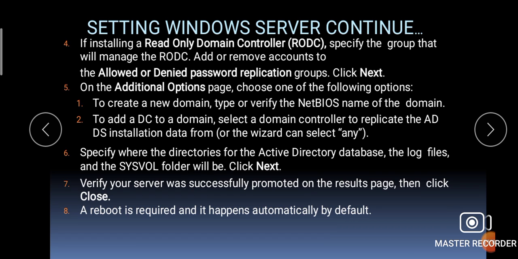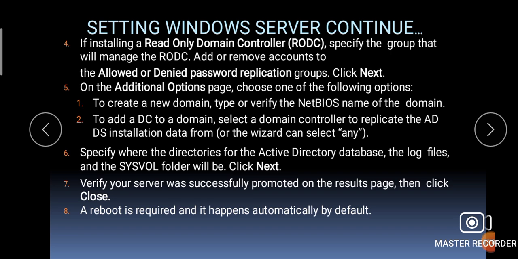On the Additional Options page, choose one of the following options. To create a new domain, type or verify the NetBIOS (Basic Input Output System) name of the domain. To add a DC to a domain, select the domain controller to replicate the AD DS installation data from, or let the wizard select any.